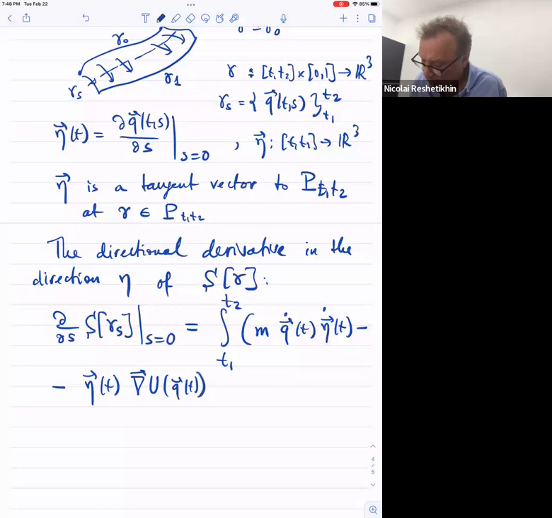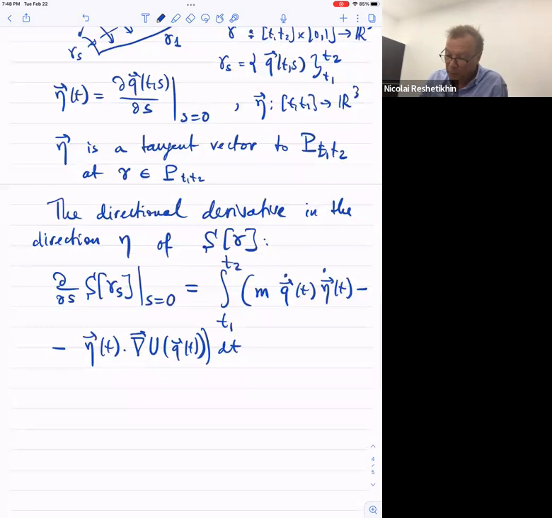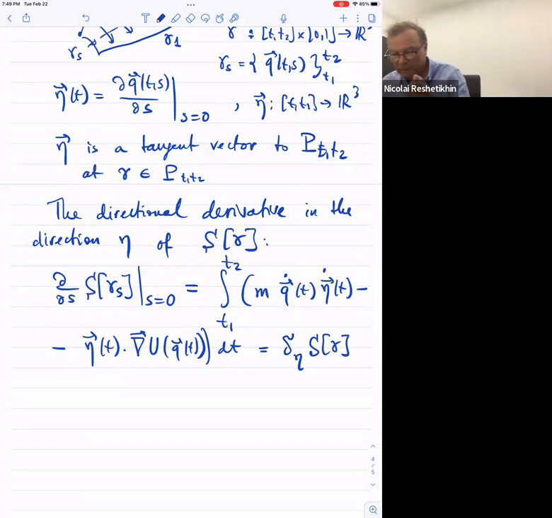So we have the gradient of u scalar product with the direction eta dt. Very good. Sometimes it's called the variation of S at gamma in the direction eta.